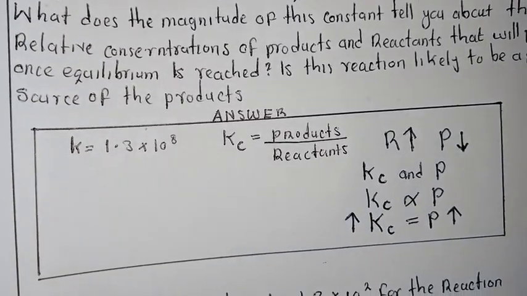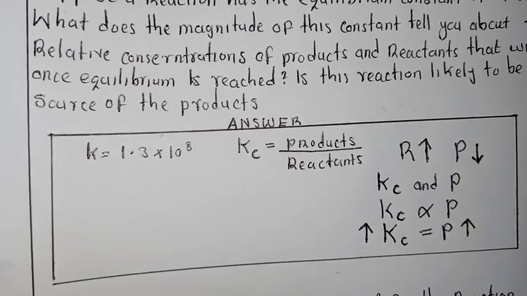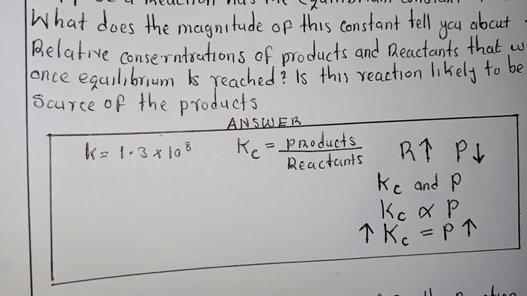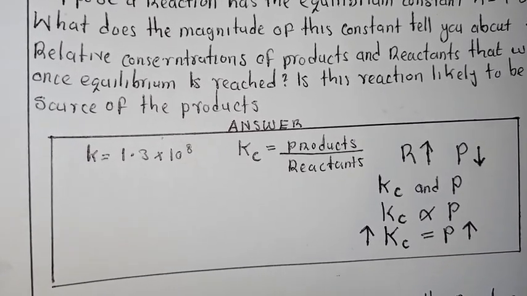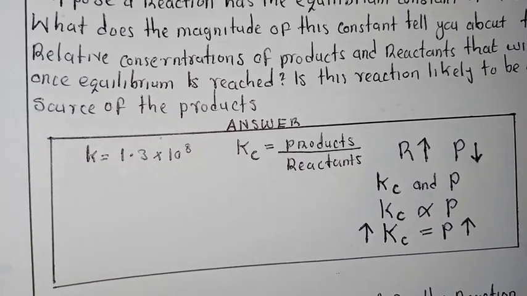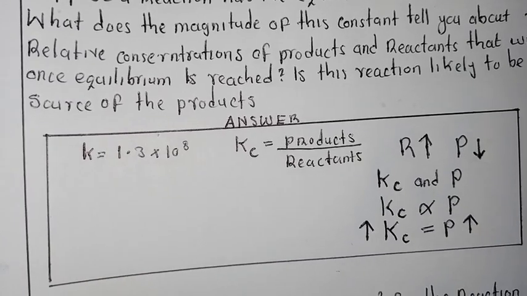But in this case, we discover that our Kc is a very large value. What does that tell you? That simply tells you that your products are much more than the reactants.